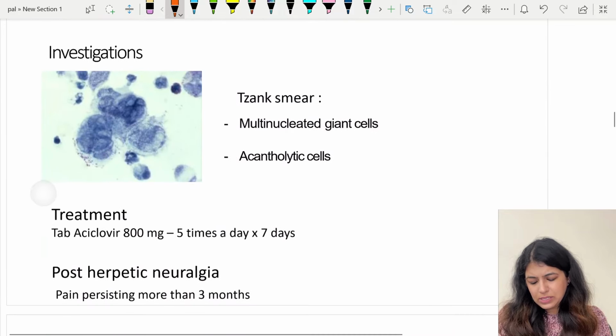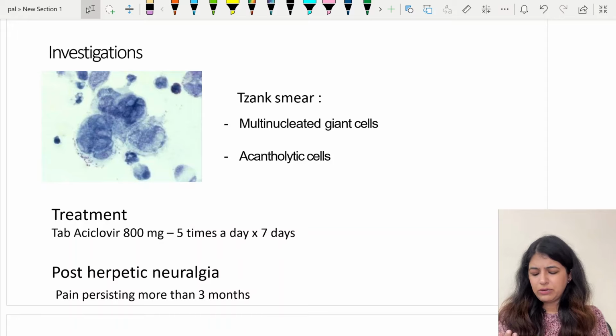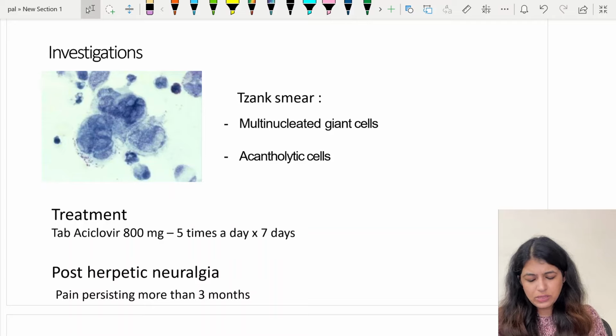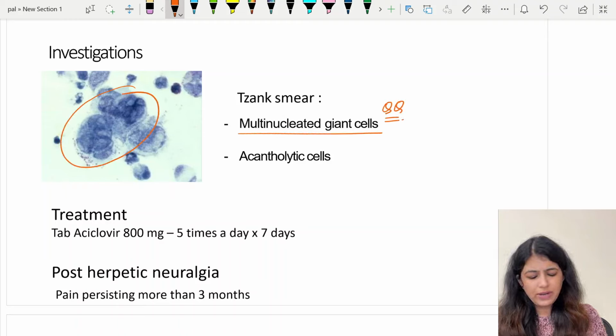In all these viral vesicular diseases, whether it be varicella, herpes simplex or herpes zoster, the investigation on the bedside is the Tzanck smear. And what is the finding on Tzanck smear? Multinucleate giant cells. The most important finding here are the multinucleate giant cells.